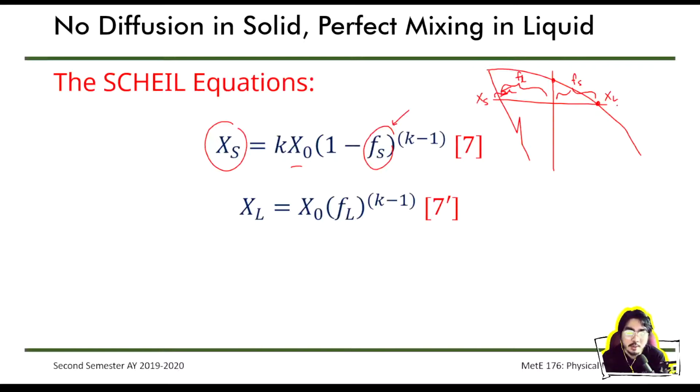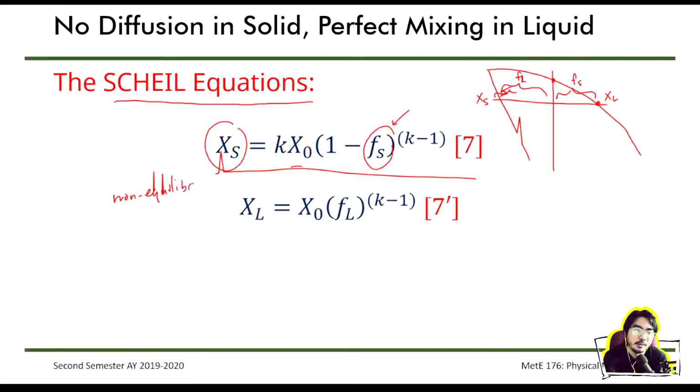Then for FL, you can get it in a similar way. But now, when you have non-equilibrium conditions, in particular no diffusion in solid and perfect mixing in liquid, you can no longer use the inverse lever rule. What you use is what we call the Scheil equation. Since it is specifically used for non-equilibrium conditions, we also call it the non-equilibrium lever rule.